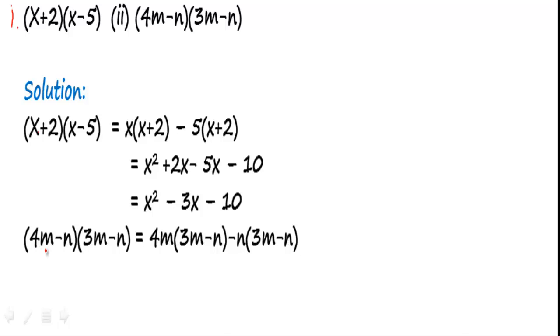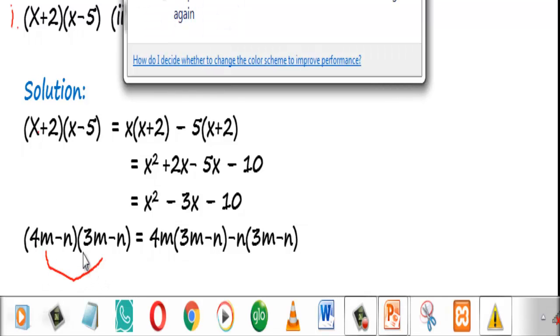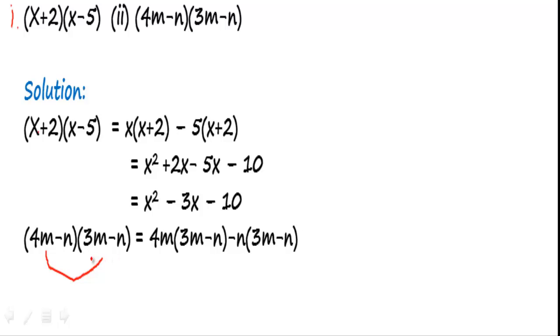Take 4m to multiply all that is here, and you take minus n to multiply all that is here again. Are you seeing it now? That is what we are talking about. Now that is 4m open bracket 3m minus n close bracket and minus n open bracket 3m minus n close bracket.